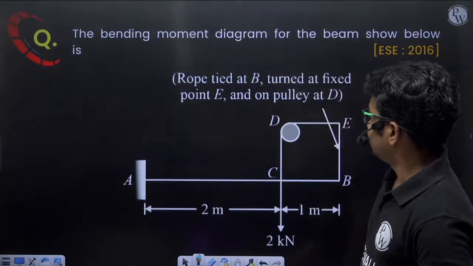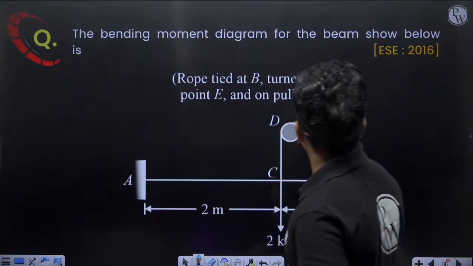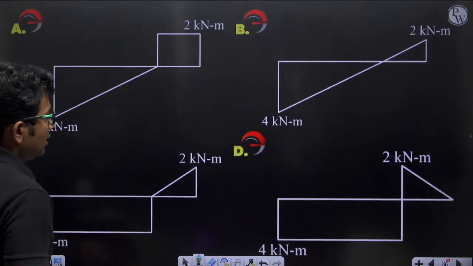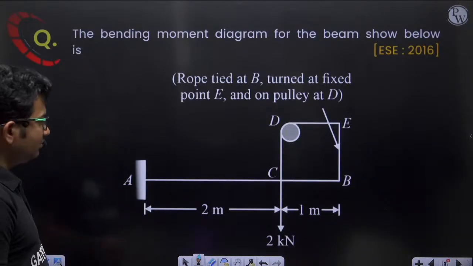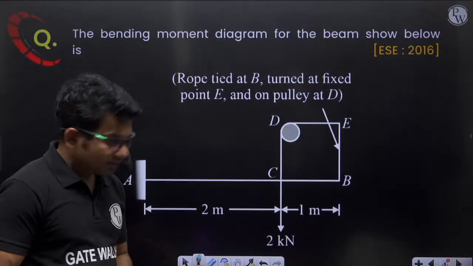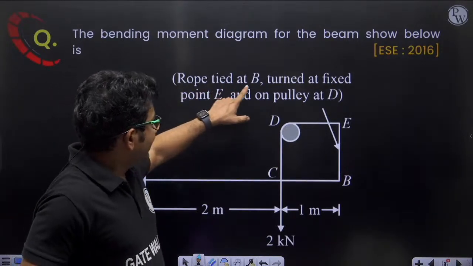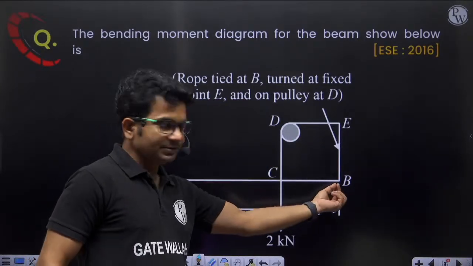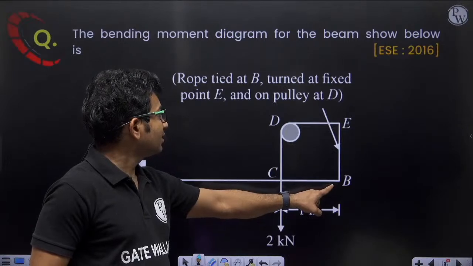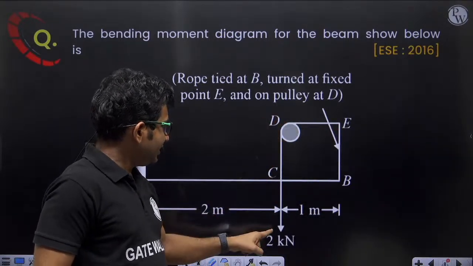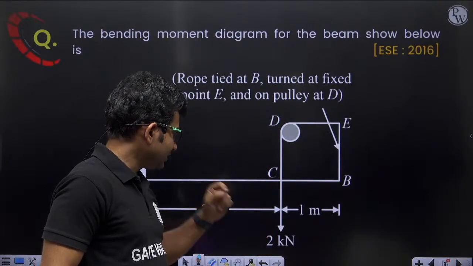Okay. Next question. The bending moment diagram for the beam shown below is. Okay, so for this bending moment diagram for beam, see, a rope is tied at B. So this is a rope. It is tied at B by some means, turned at fixed point E and on pulley at D, and this rope is going here.